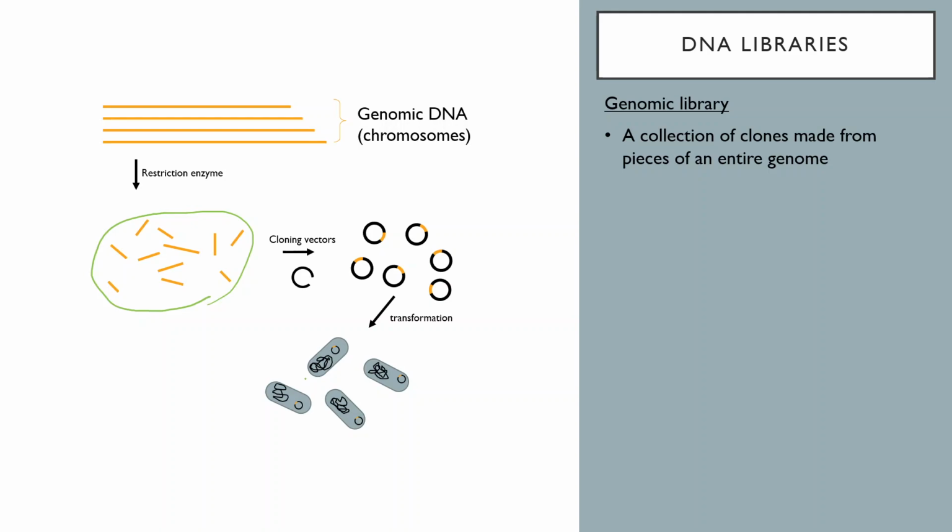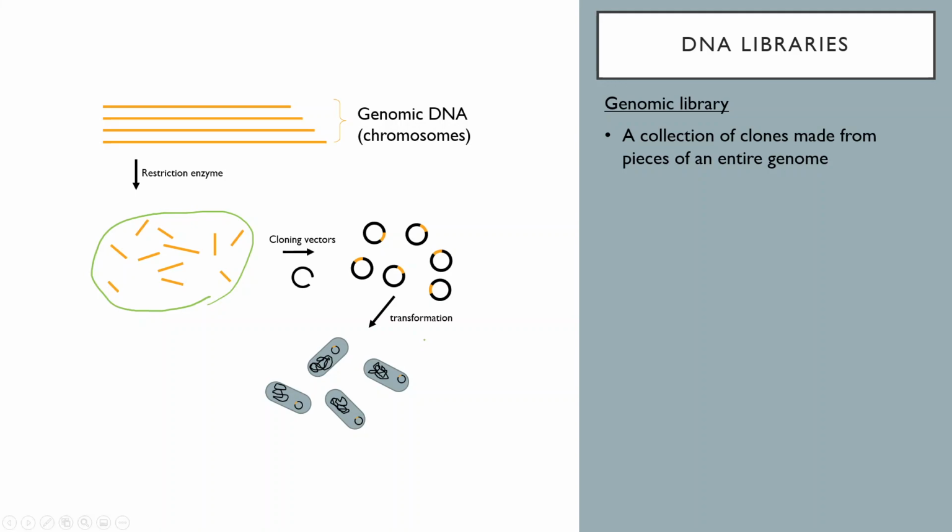And then you separate those cells out into separate colonies. The descendants from each colony get into their own culture, and then you have basically a rack of little tubes, each of which contains a clonal population of bacteria that carry a piece of genomic DNA.